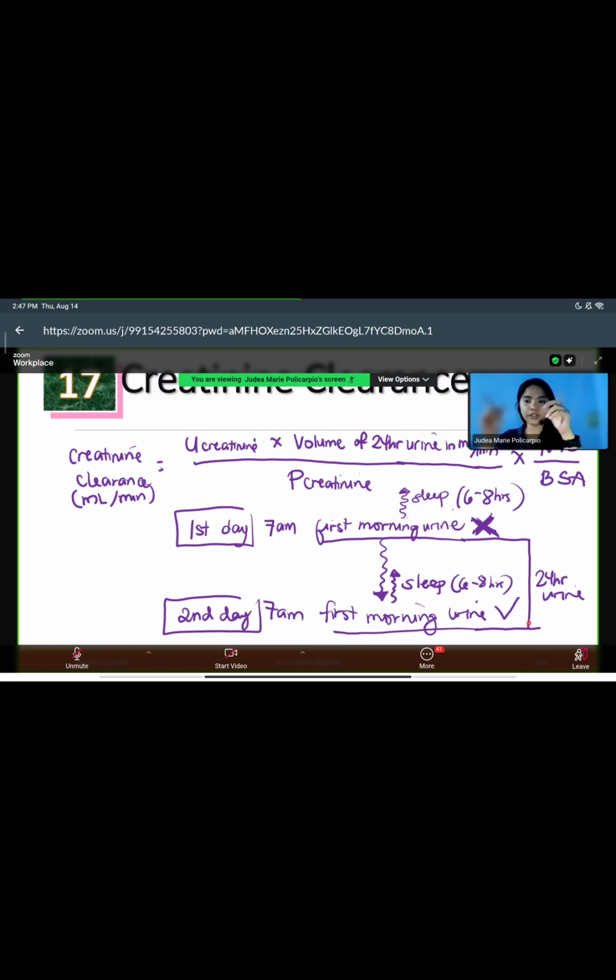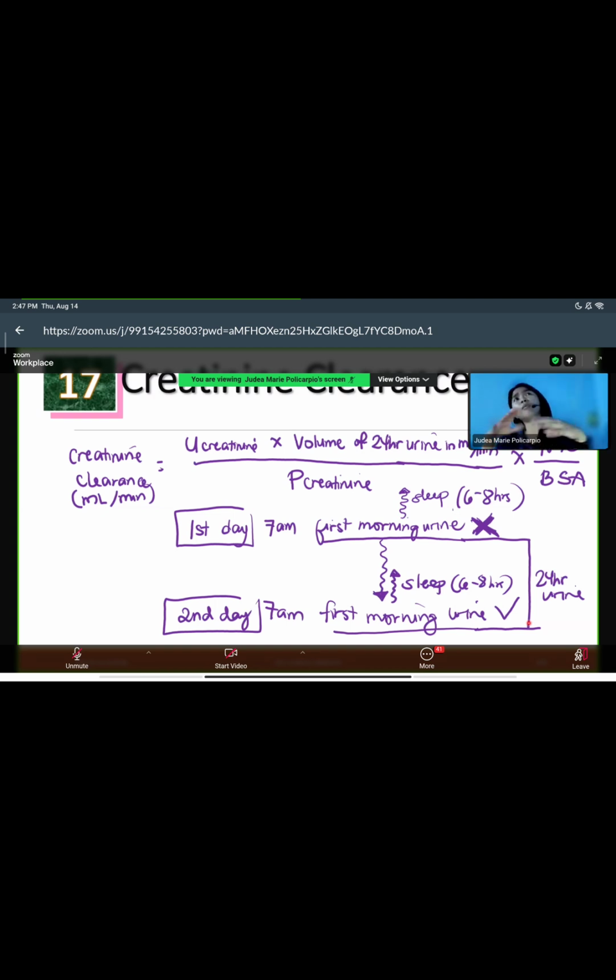Okay, let's try to give some hypothetical example. For example, nagpa-crea clearance sa'yo, sina Batista, o kaya sina The Rock. Okay, maraming muscle. O kaya kung medyo classic kayo, si Arnold Schwarzenegger, ganyan. Siyempre marami silang muscle. How can you make their results comparable to someone who doesn't even have much muscles?